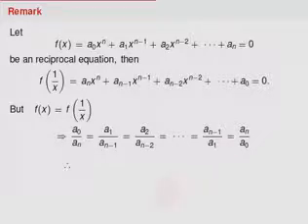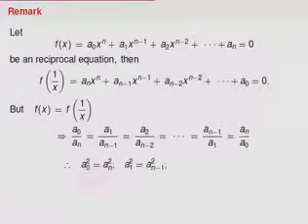Therefore, we take the cross multiplication of the first term and the last term: a naught divided by a n equals a n divided by a naught, so a naught square is equal to a n square.